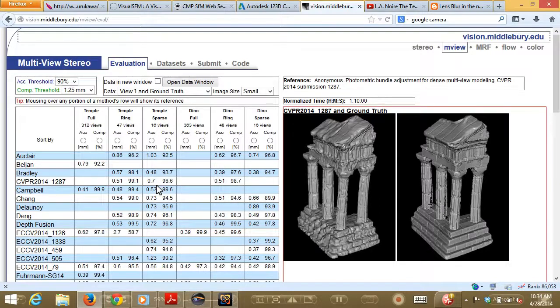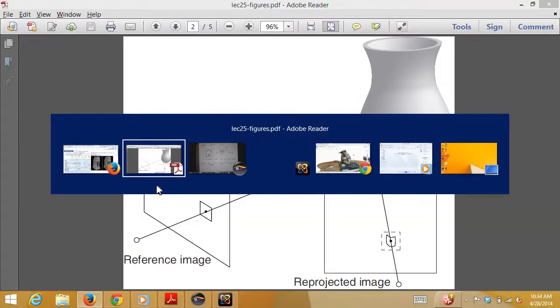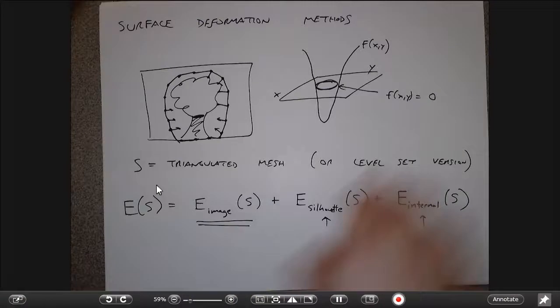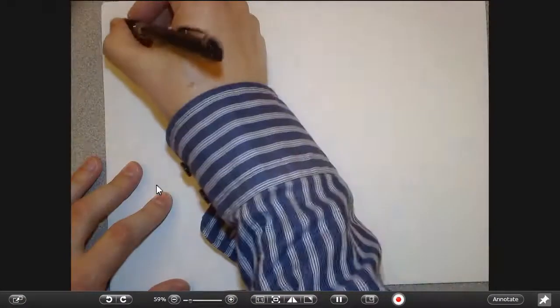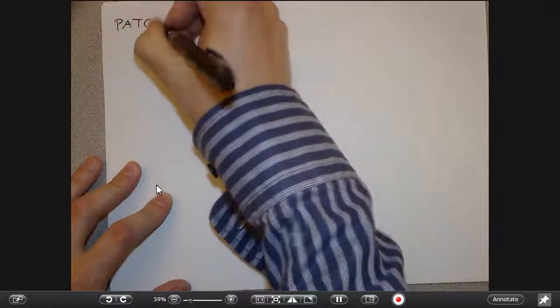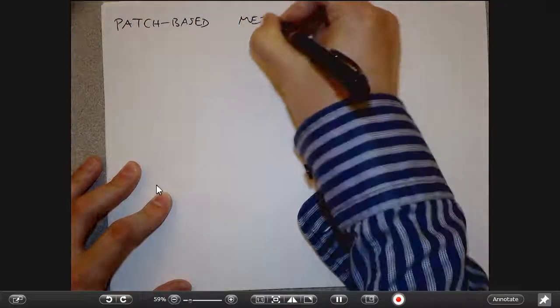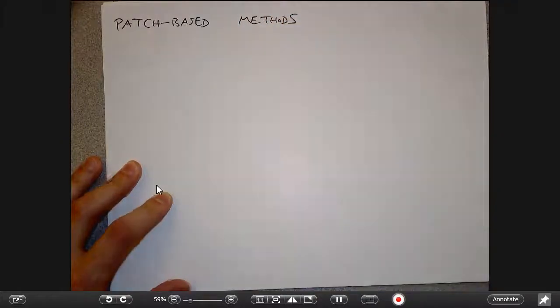Okay. So what then are the currently top performing multi-view stereo algorithms? I think it's fair to say that they're generally based on what I would call patches. There's a very well-known family of algorithms that started with what was called patch-based multiview stereo, and patch-based methods, I would say, are these days highly competitive.